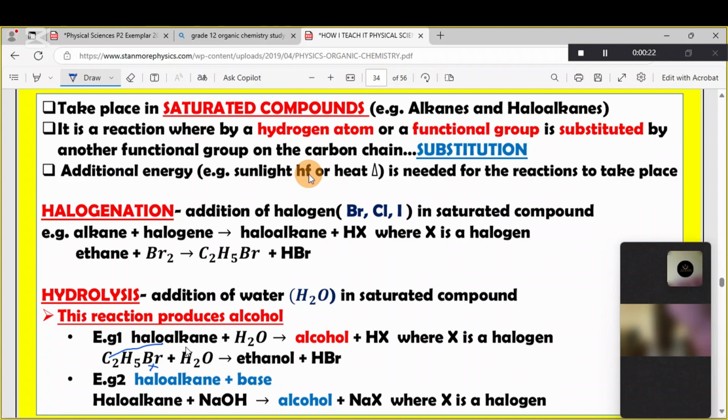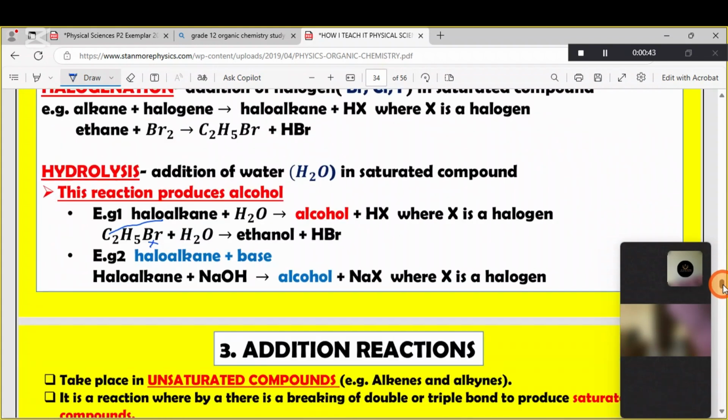But if they ask us about hydrolysis, you just say that it's the addition of water in saturated compounds. I think it's mostly to haloalkanes, because those are mostly saturated ones. Or you can also add water to an alkane itself.